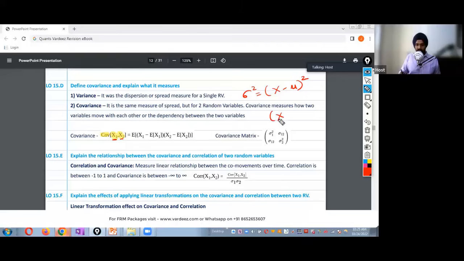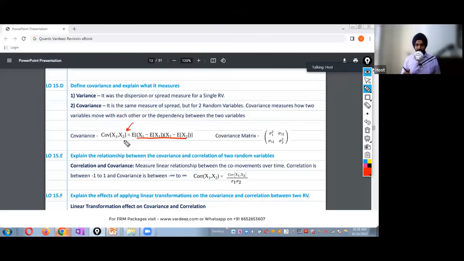So x1 minus the expectation of x1, which is mu1, multiplied by x2 minus mu2. Same formula. That's the formula for covariance between two random variables.